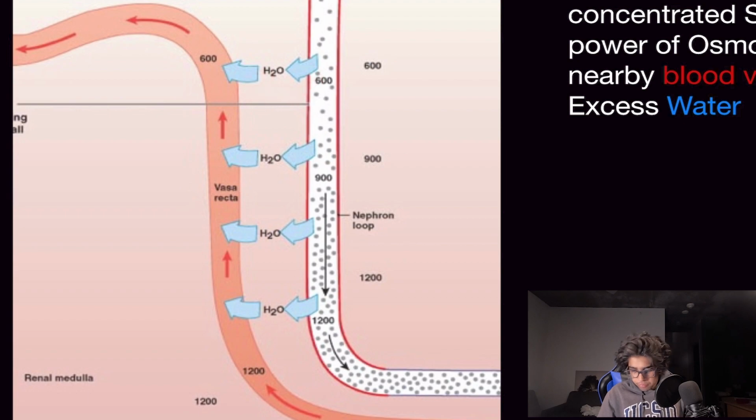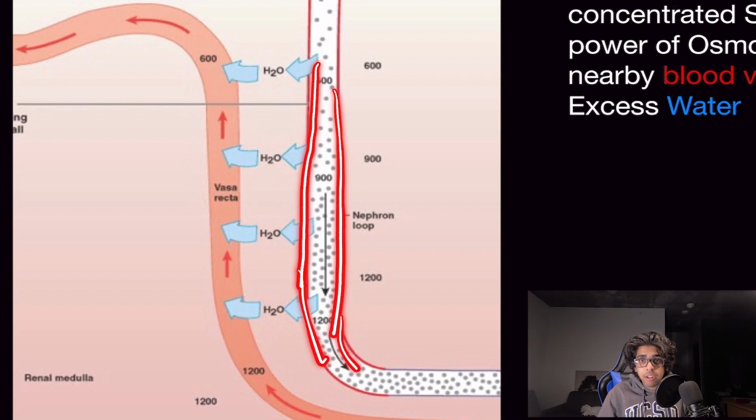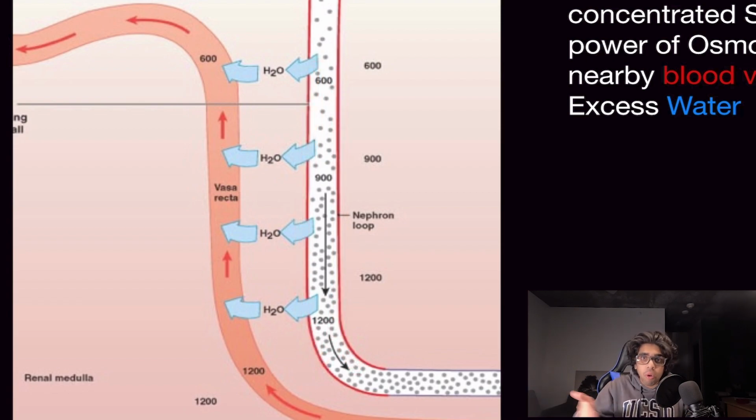Notice that the lower we go down in this tube, the higher the concentration in the tube, because more and more water is leaving, meaning there's going to be more sodium, more chloride, more potassium. It's going to be more concentrated. That's why the number goes up. Hope that makes sense.